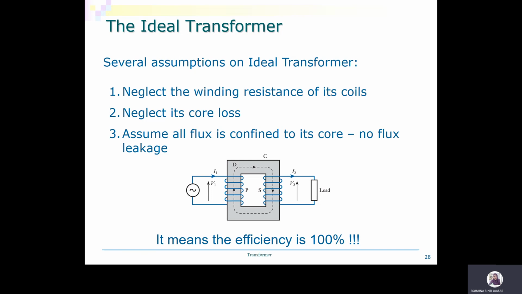First one, we neglect the winding resistance of its core, and then neglect its core losses, and assume all flux is confined to its core. So assume for ideal transformer no flux leakage, and it means that when you neglect all the types of losses, the efficiency of ideal transformer is 100%.